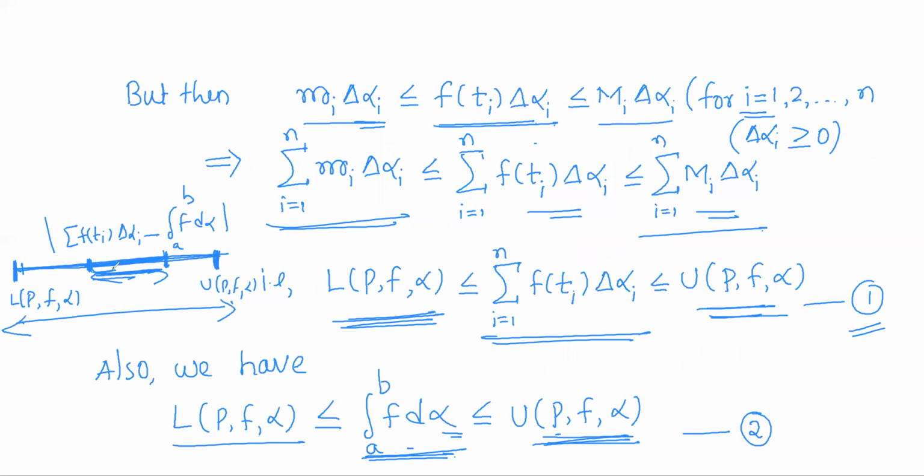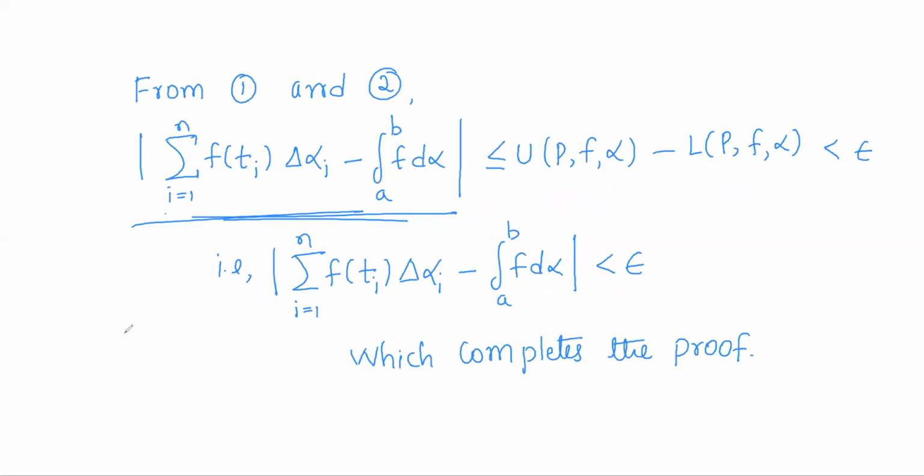So obviously you can observe this difference is less than or equal to this difference. But by the given hypothesis, U(P,f,α) minus L(P,f,α) is less than epsilon. So the modulus which we have considered is less than epsilon, and which is the required result.